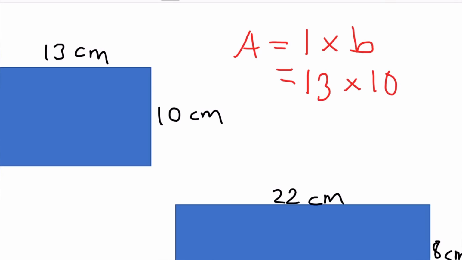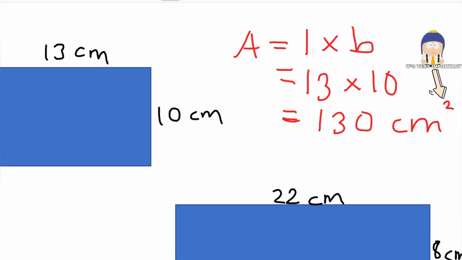So this gives us 130 centimeters square. Now it is very important to put the square or power of 2 after the unit, like centimeters or meters, since we are finding the area. So it's very necessary to put this symbol.